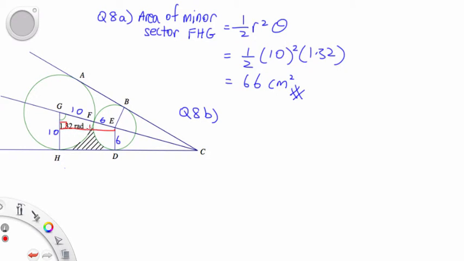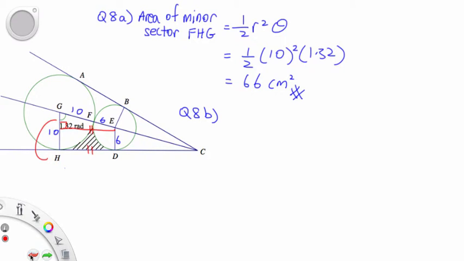The length of the red line and the length of HD is actually the same. And at the top here, you have a right angle triangle. Because of this, you just need to find the length of the red line based on the right angle triangle. Now how do we go about doing it?